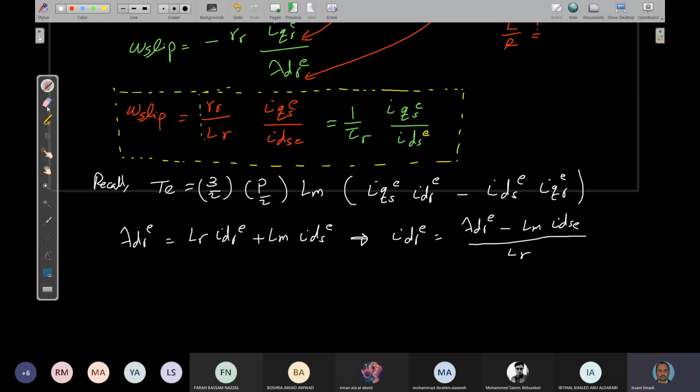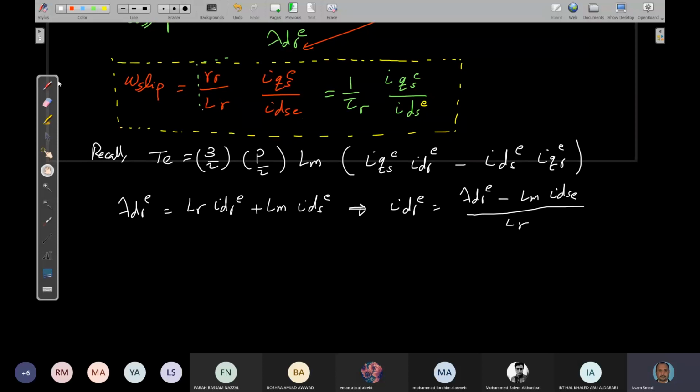The same thing I can have for IQRE, which is actually equal to lambda QRE minus LM IQSE over LR.